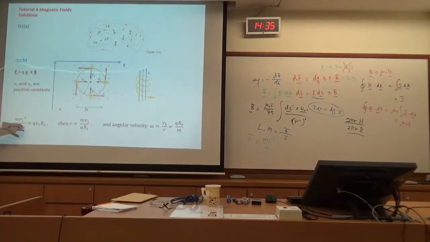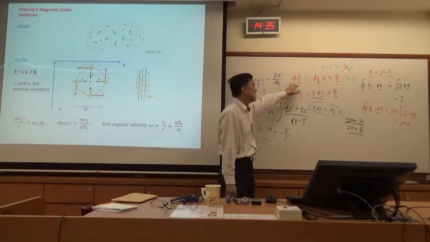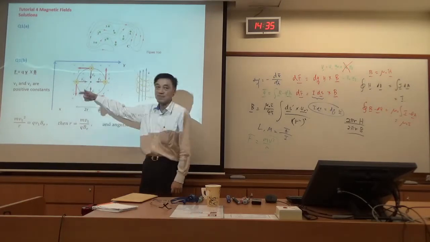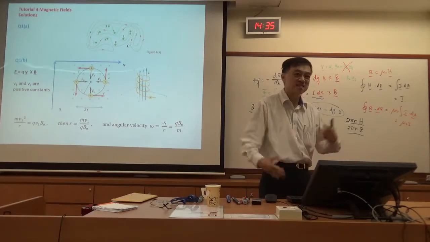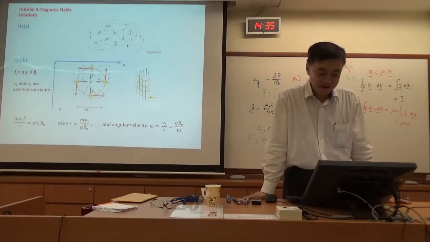F is equal to mv squared over r, where F is equal to qv1 B naught, which is from here. From there you can find the radius of the circular motion. As I said, this is mechanics. Any questions?